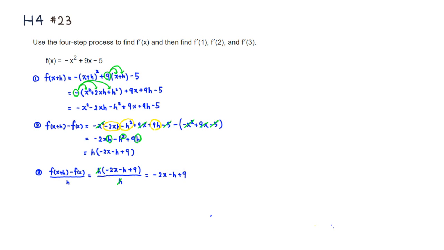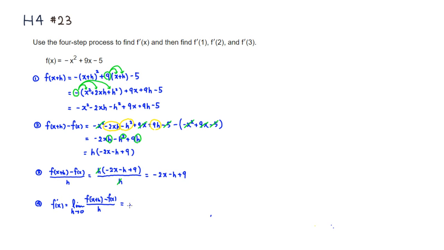And the fourth step would be, if you want to find the derivative, which is f prime of x, which is just the limit of the difference quotient, which is step 3, as h approaches 0.